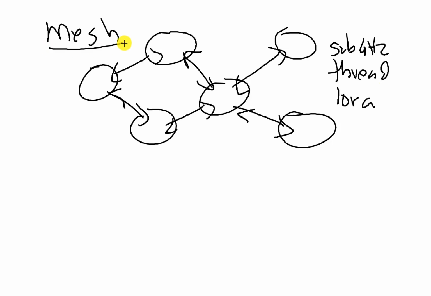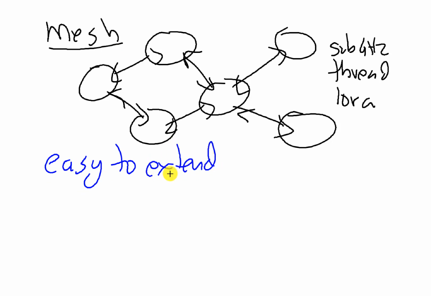So with a mesh network, the advantage here is that it's also easy to extend, and it's very dynamic. In a typical mesh network, you don't decide ahead of time what all the connections are. You discover them.